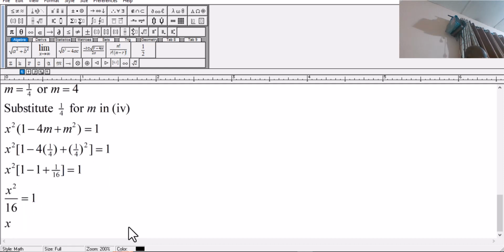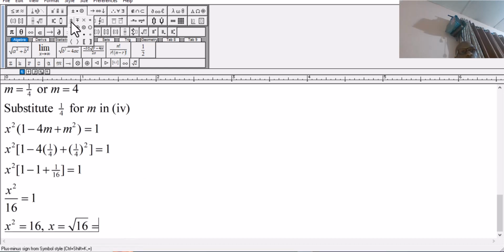So our x squared is equals to 16. So meaning that our x is equals to the square root of 16, which is equals to plus or minus 4. So we have gotten the value for our first value for our x.